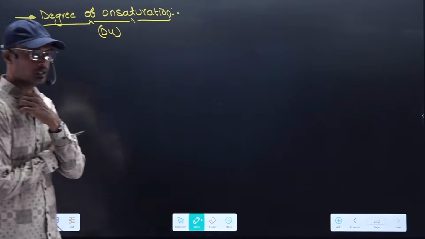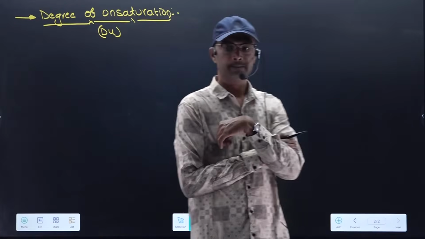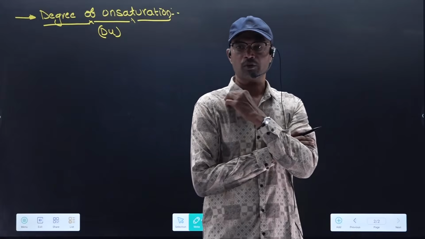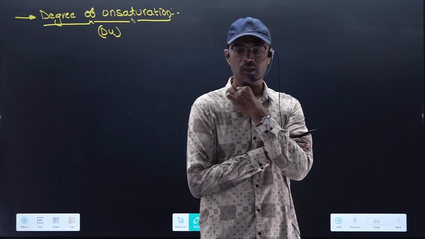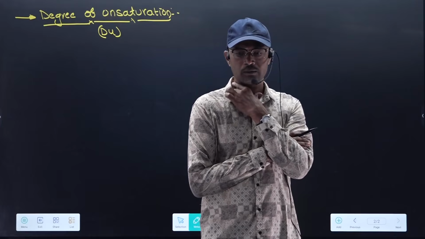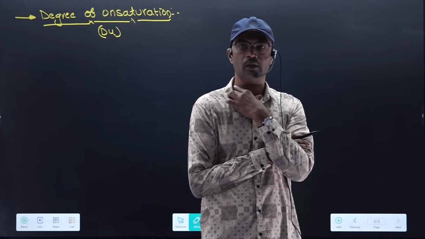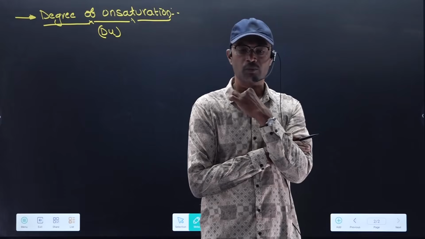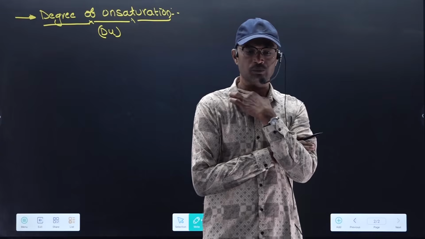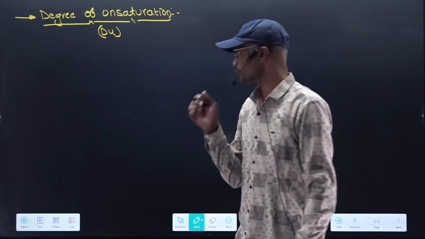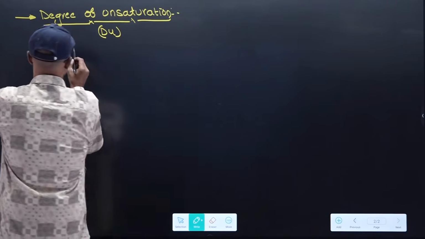Next, the number of hydrogens less than the alkane general formula is DU.